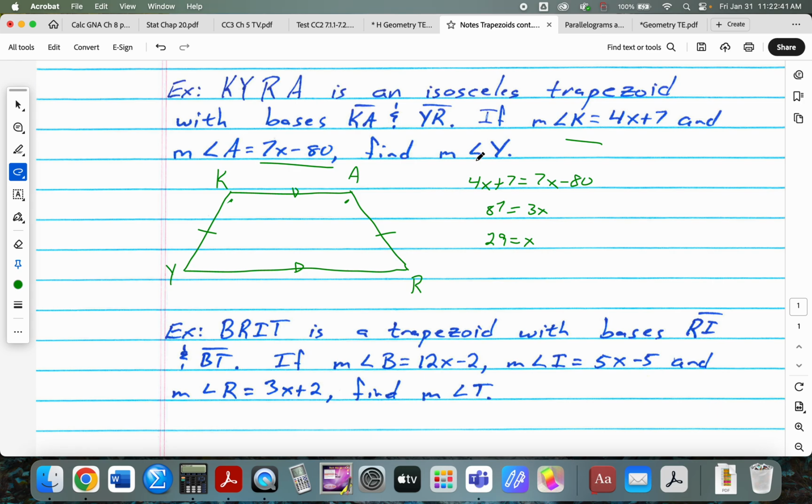And then it asks you for the measure of angle Y. Well, what angle is angle Y related to? K. Angle Y and angle K are same side interior angles formed by parallel lines, so they should be supplementary. So I'll find the measure of angle K. It's 4 times 29 plus 7.